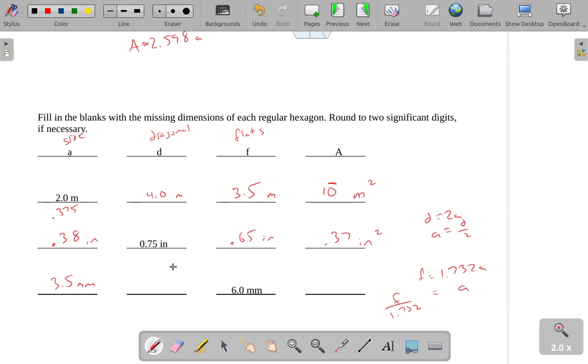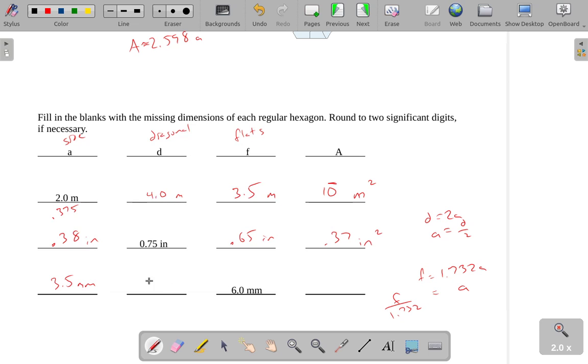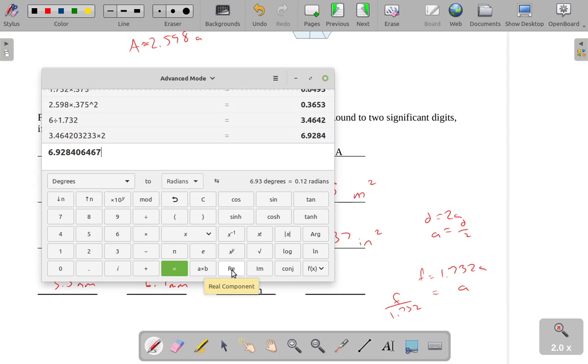millimeters. But I'm going to use the unrounded value to find out what my D is. So double this, we should get 6.9 millimeters. And then if I was to take that value, I think I can go... click on it?